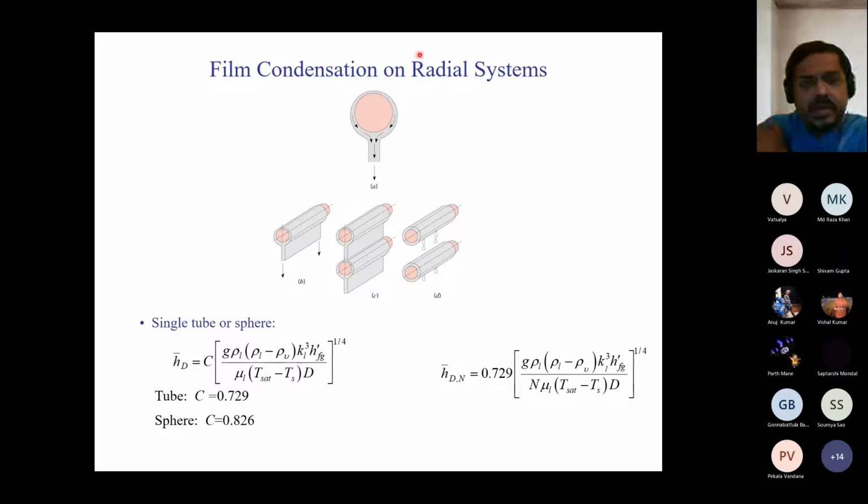As you go over the azimuthal direction, the film thickness increases, and therefore your local heat transfer coefficient will go down. Then finally the film falls off as is shown here, like a liquid sheet.